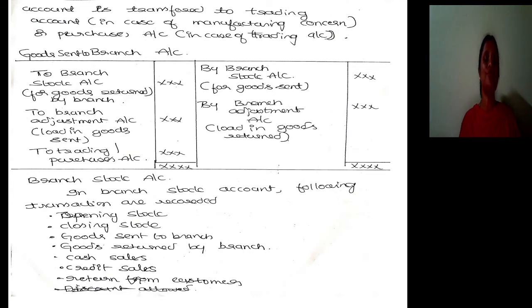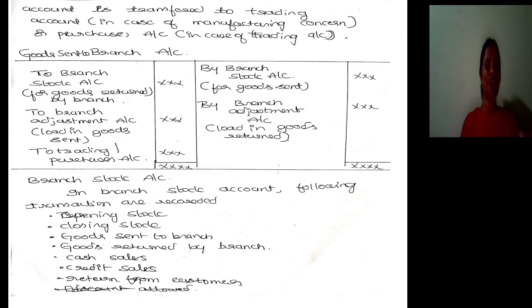See, the goods sent to branch account is debited with goods returned by branch and loading in goods sent, and credited with goods sent to branch and loading in goods returned.